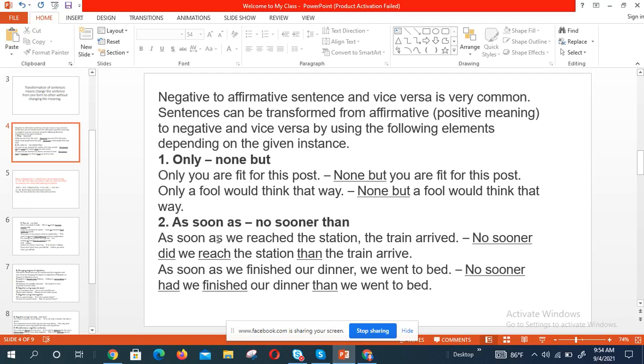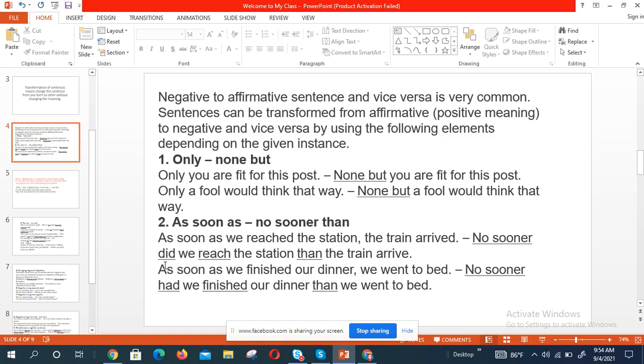If you want to make it negative, you have to use no sooner and then. Look at the example. As soon as we reached the station, the train arrived. No sooner did we reach the station than the train arrived. No sooner is the negative form of as soon as.